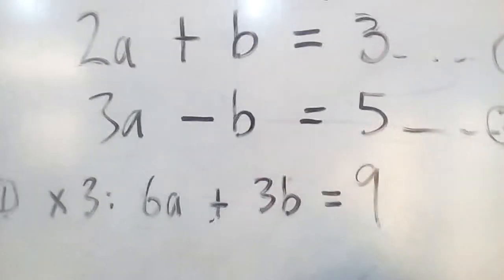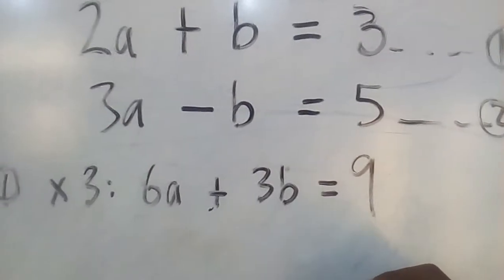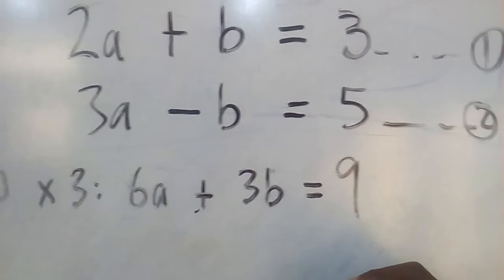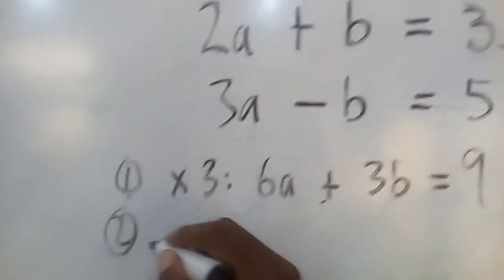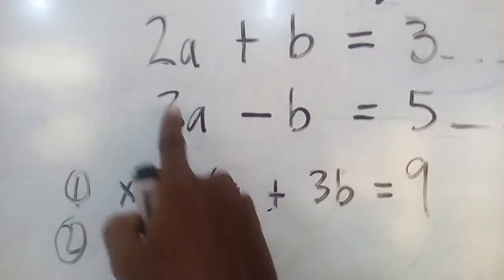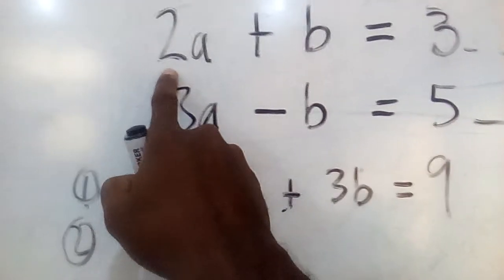All right, now let's do the same thing for equation 2. In equation 2, we said we'll be multiplying equation 2 by the coefficient of a in equation 1.